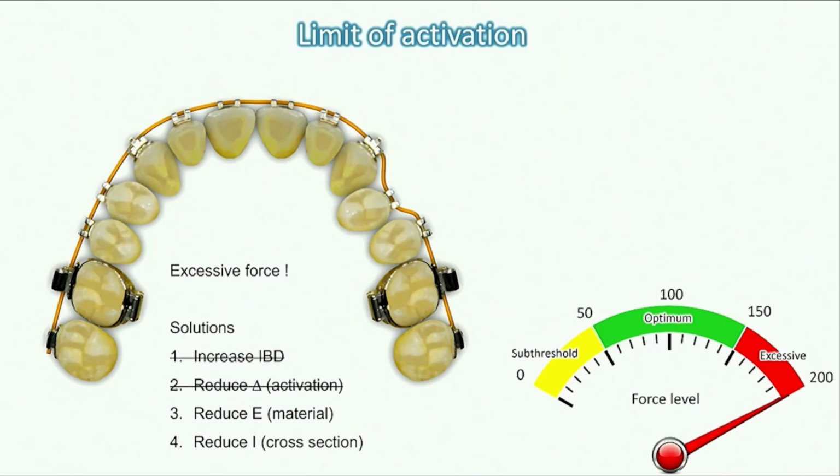However, it is not feasible to increase the inner bracket distance or reduce the level of activation in continuous arch wire. The only remaining options are to reduce the stiffness of the wire by decreasing its modulus of elasticity, for example, by replacing the stainless steel with NiTi, or using a smaller cross-section of the wire. This means wire replacement is inevitable.